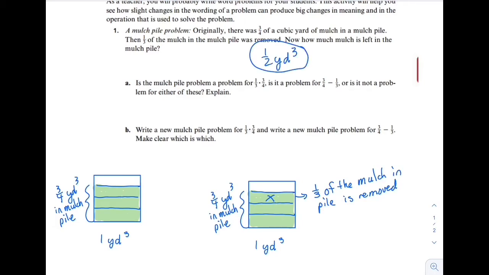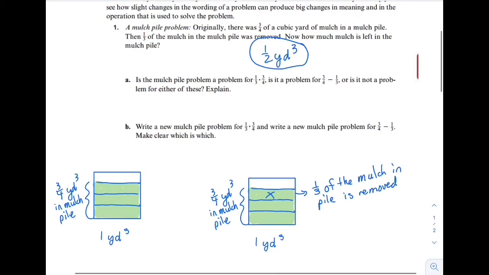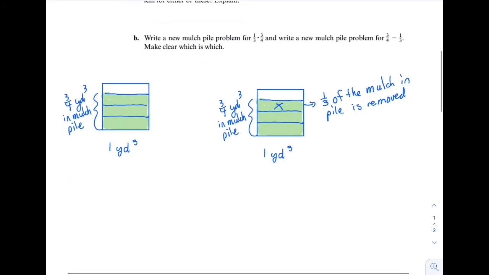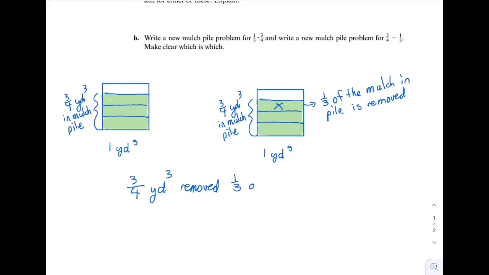Now let's see how we can write this with our operations: addition, subtraction, multiplication. We're going to do this by writing out in words what we did and then translating to symbols. We had 3/4 of a cubic yard, and we removed 1/3 of the mulch in the pile.